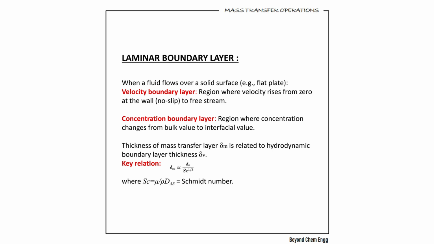The thickness of the mass transfer layer, delta M, is related to the hydrodynamic boundary layer thickness, delta V. The key relation is delta M proportional to delta V by Sc to the power of 1 by 3, where Sc is equal to mu divided by rho DAB, the Schmidt number.